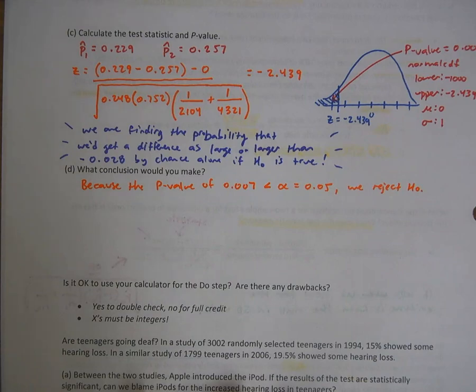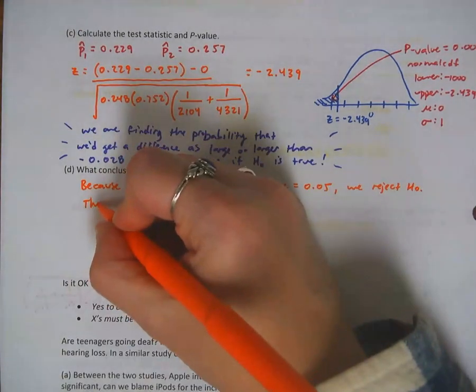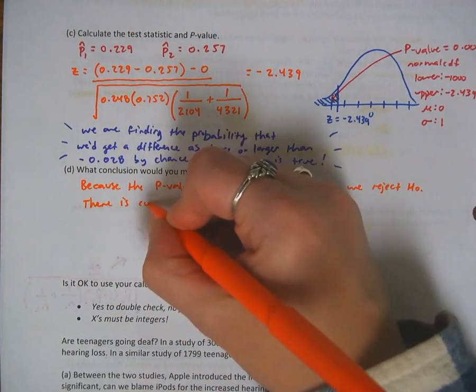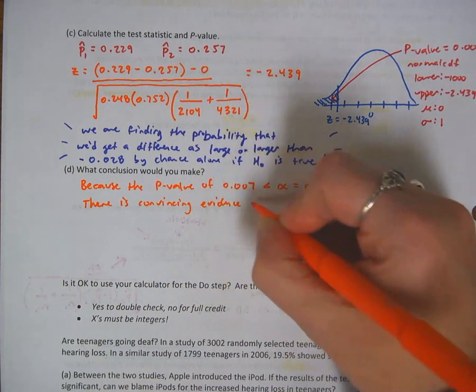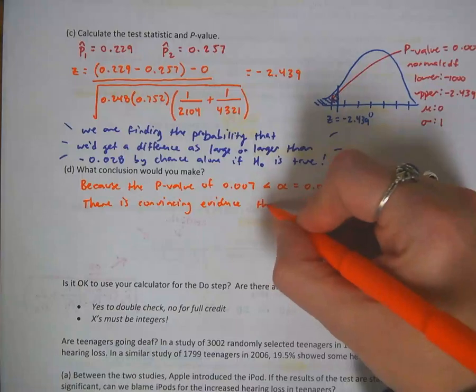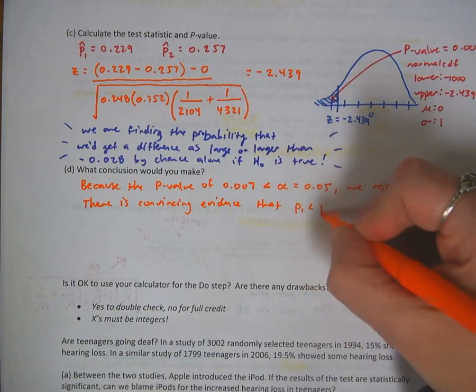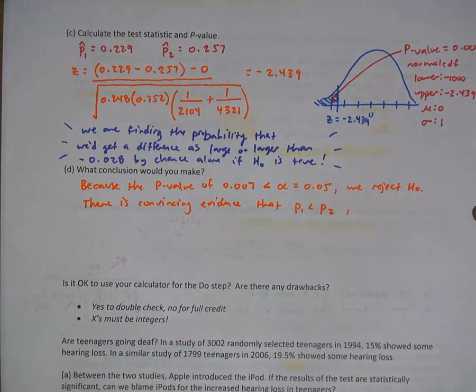There is convincing evidence that p1 is less than p2.